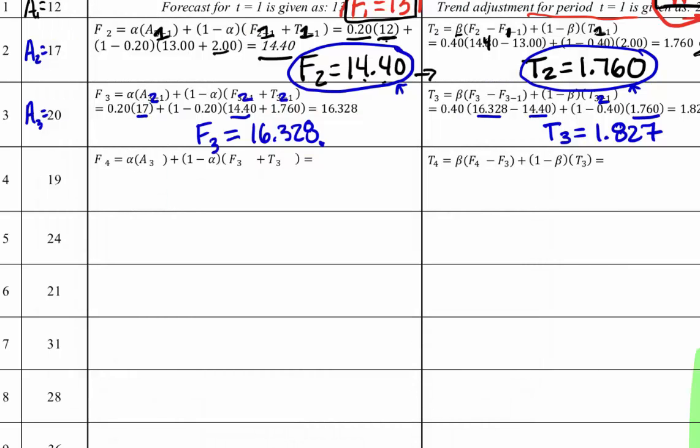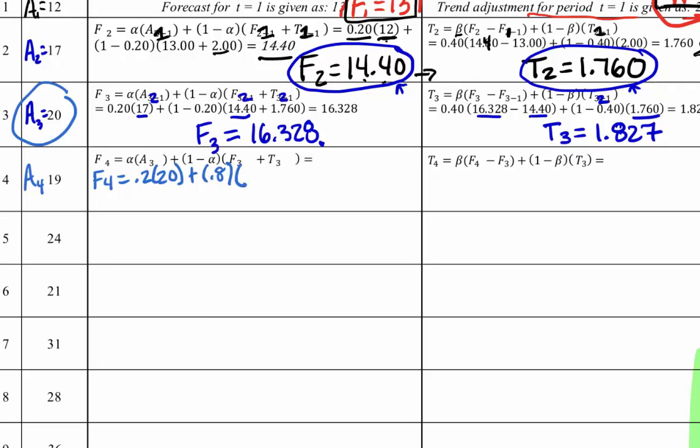So first let's just note that A of 4 is equal to 19, because we're going to need that. And this one we don't have all the numbers plugged in, so we'll go ahead and plug those in. We're looking for F of 4, which is going to equal alpha times A of 3, so alpha is 0.2, and our A of 3 is right here. We'll pull that down, that's 20, plus 0.8 times F of 3 plus T of 3.